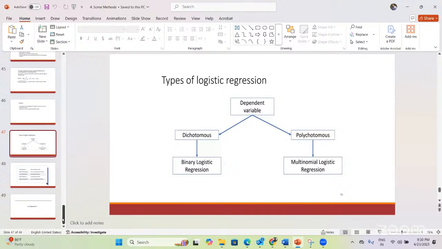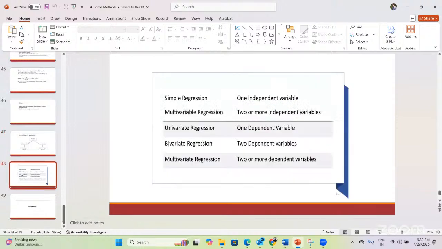Next slide. That is simple regression, one independent variable, and multiple regression, two or more independent variables. That is the basic you have to know in your analytical process, and this is the end of my presentation. Next slide.